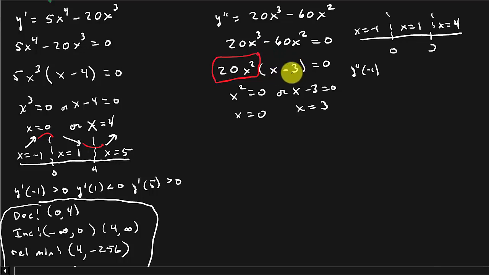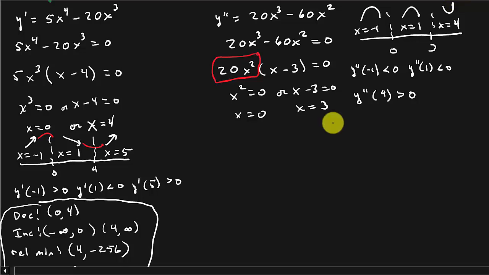So -1 minus 3 is negative. Negative times a positive is negative. So that's concave down. And then y double prime of 1. So that's positive, negative. That's less than 0. So it's concave down. And then y double prime of 4. That's positive, positive. So that's positive. So that's concave upward.